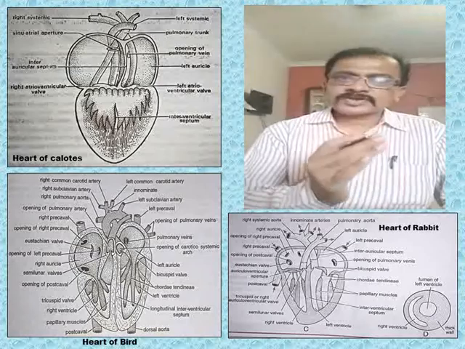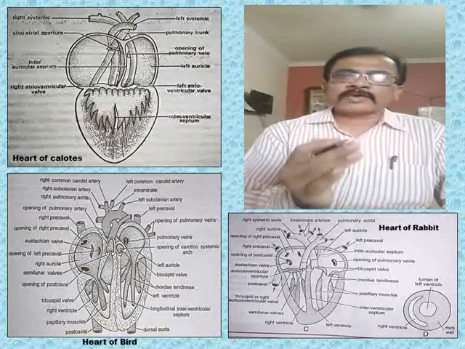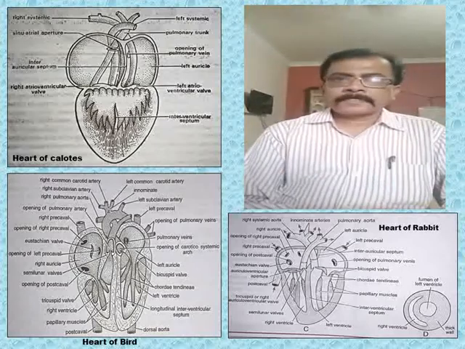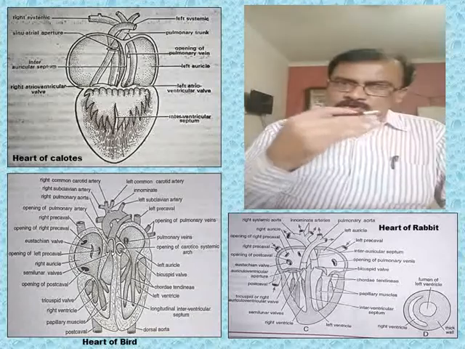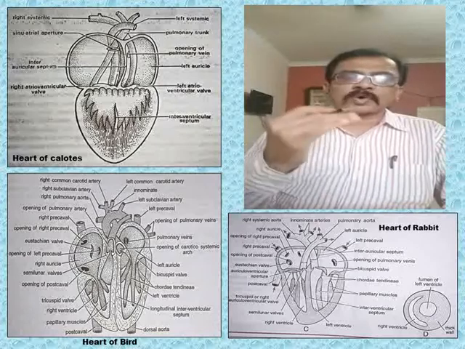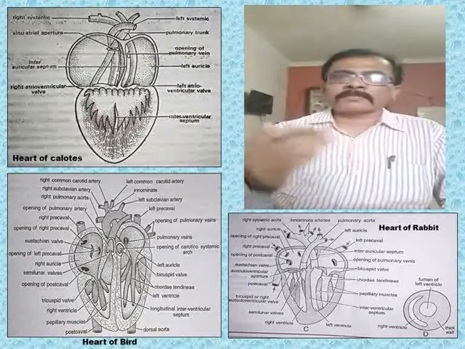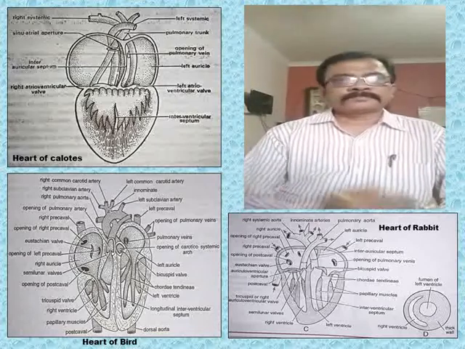The larger chamber is called cavum dorsale, that is dorsal, and the smaller chamber is called cavum pulmonale, that is ventral.